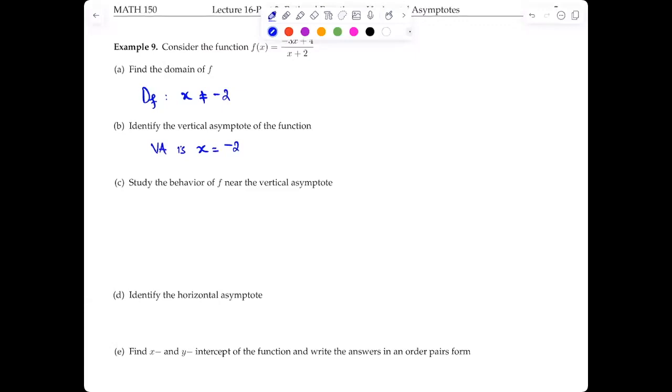Now, what about the denominator? As x approaches -2 from the right, is the denominator positive or negative? Positive. You with me on that? Okay. So positive over positive is positive, so the function approaches positive infinity.